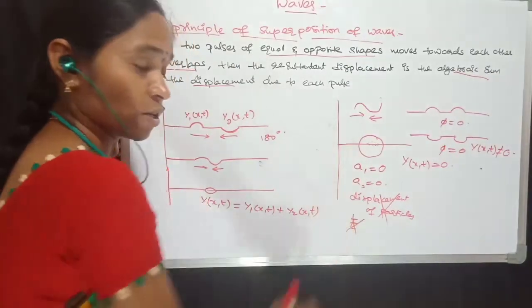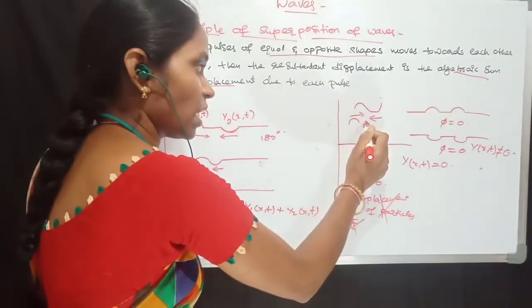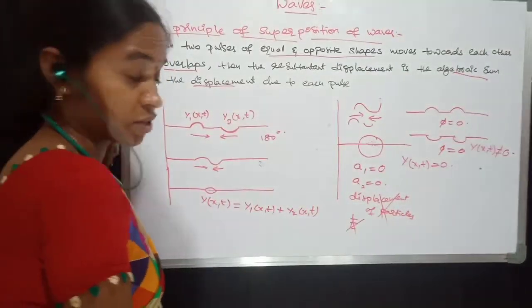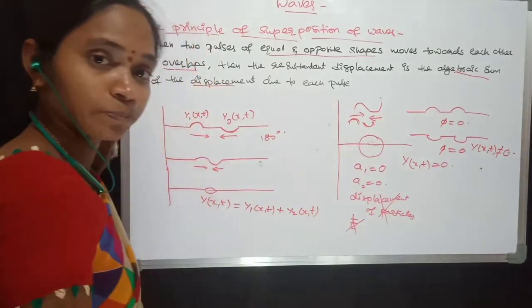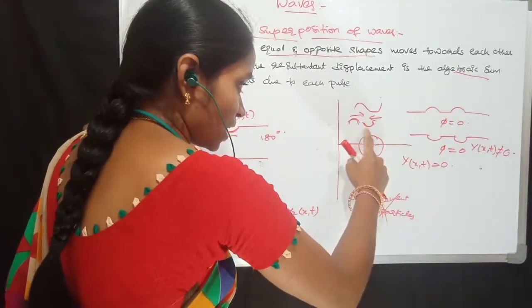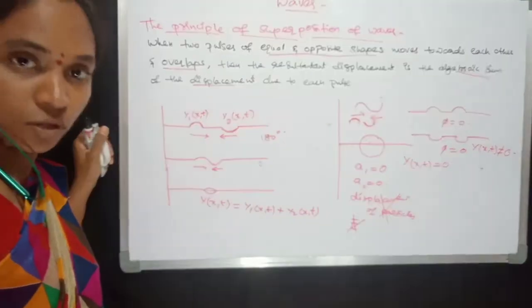Here in this case, whenever the waveform contains two equal and opposite pulses that overlap each other, the displacement will be equal to 0.